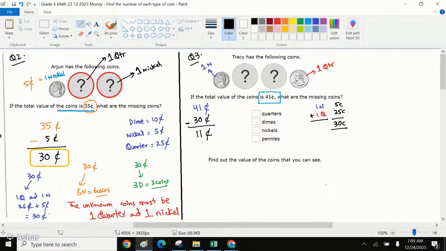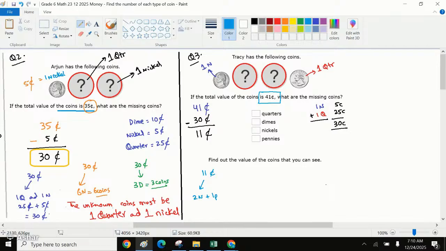This 11 cents needs to be broken down into these 2 unknown coins. Let's see which combination of coins can be used to make 11 cents. Can we say that 11 cents can be broken down into 2 nickels plus 1 penny?